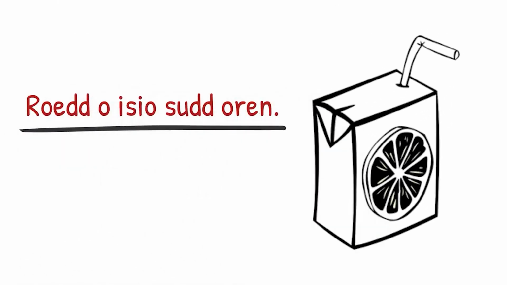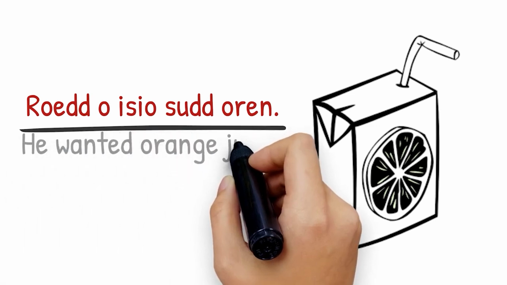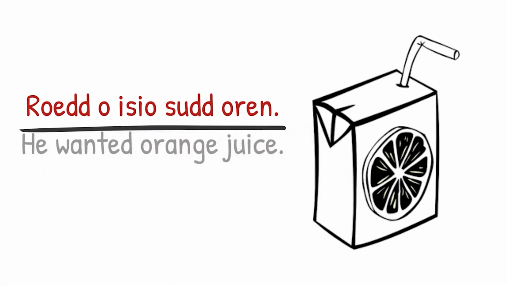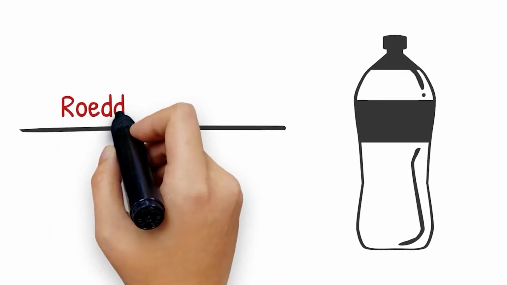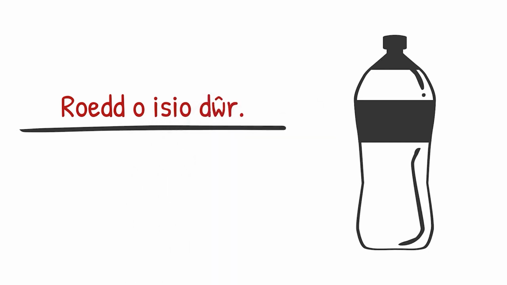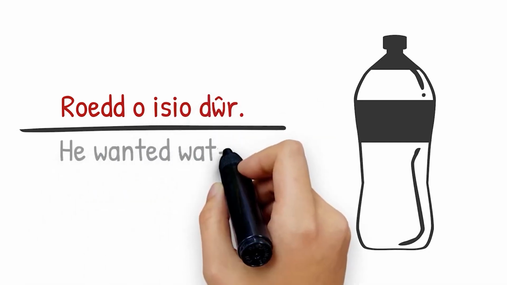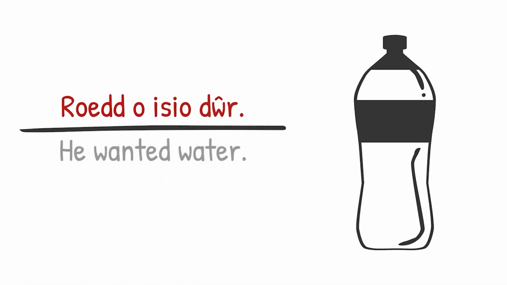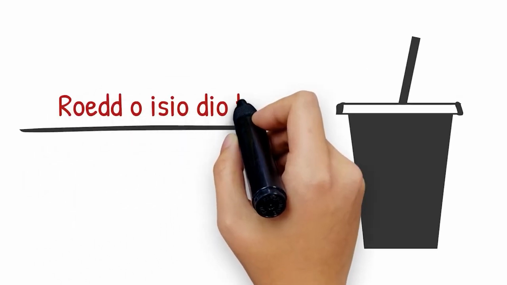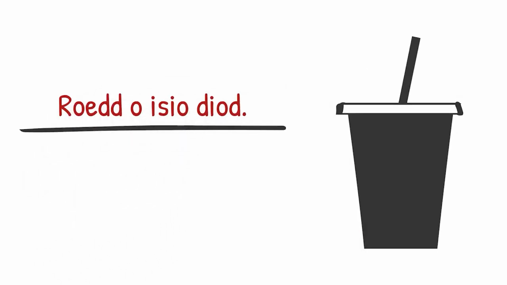Roedd o isio sudd oren. He wanted orange juice. Roedd o isio dŵr. He wanted water. Roedd o isio diod. He wanted a drink.